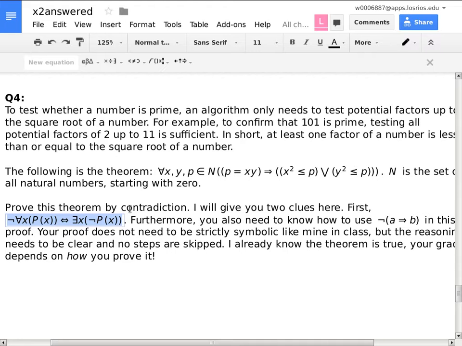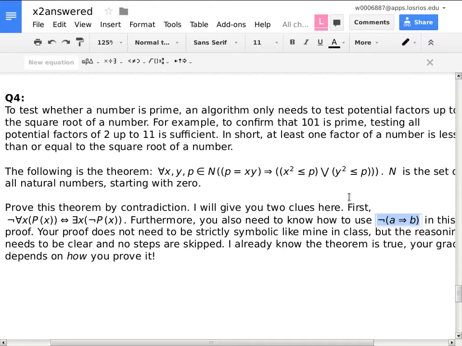Is that okay? And then the second clue is you also have to be able to use the negation of an implication. The reason why you have to use the negation of the implication is we're negating this whole thing, because the negation of the theorem is the negating. We are basically saying it is not true that for all x, y, p, blah blah blah.